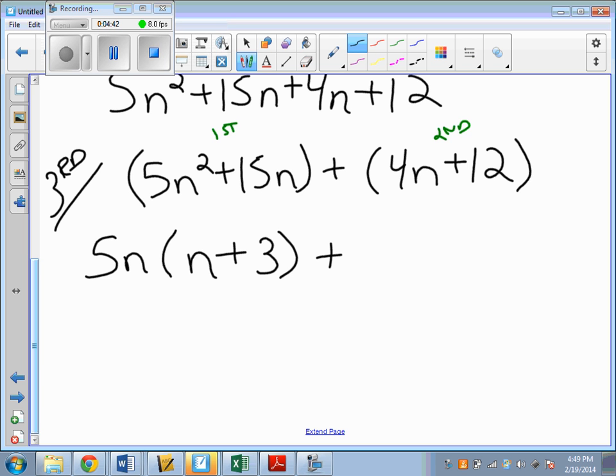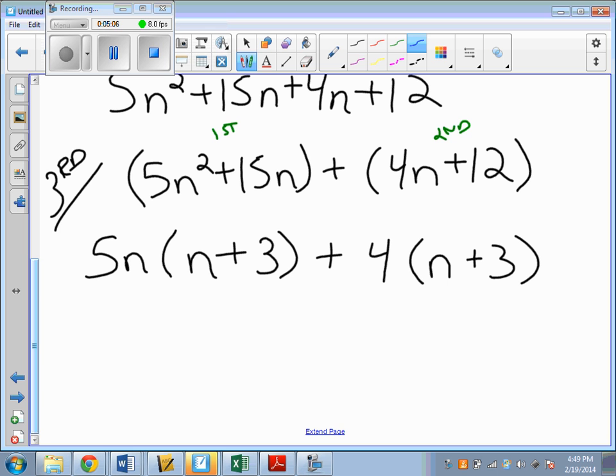Okay, so for my second group, I'm going to look at my greatest common factor, which is 4, and I'm going to factor that out. All I'm left with inside the parentheses after I factored out a 4 is n plus 3. And I can see that 5n and 4 are both being multiplied by the same thing, the n plus 3.